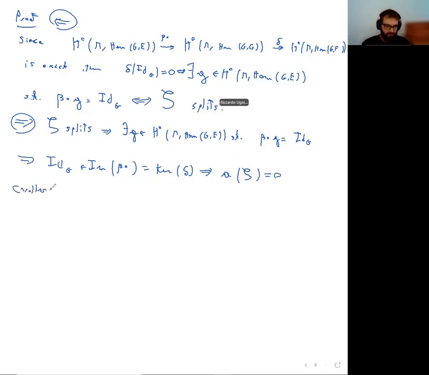There's a corollary for this, just a small observation at this point: if this is a short exact sequence such that H1(M, Hom(G, F)) equals 0, then it always splits.